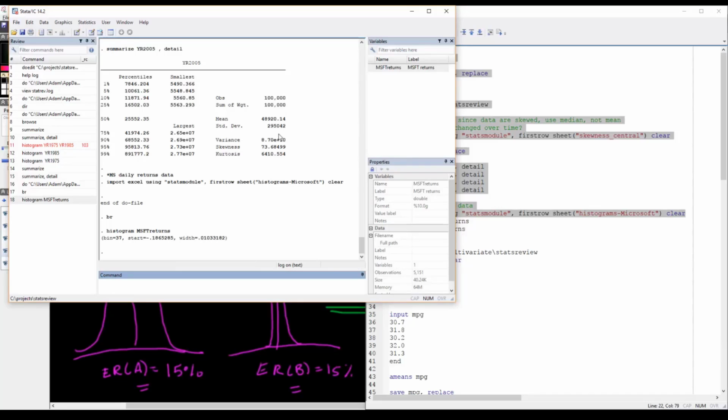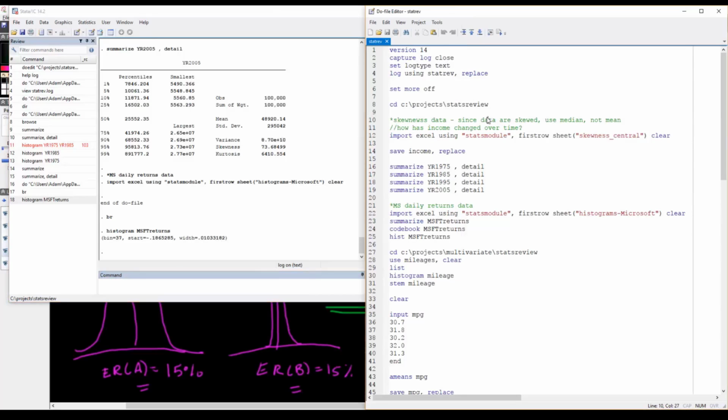So again, we like to look at averages. If the data are skewed, we'll look at means and other measures of central tendency, maybe the mode. And we need to supplement our mean and mode with measures of dispersion like standard deviation and variance.